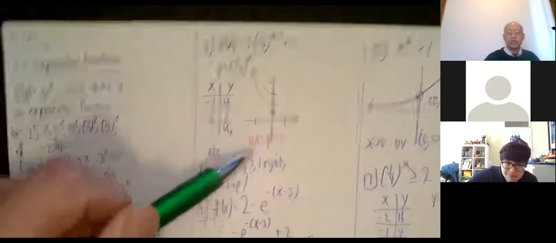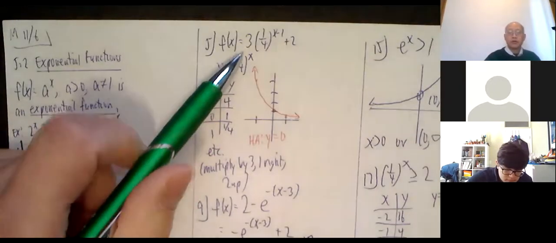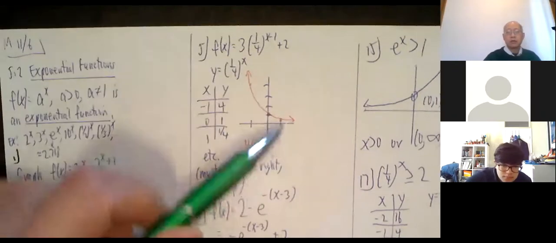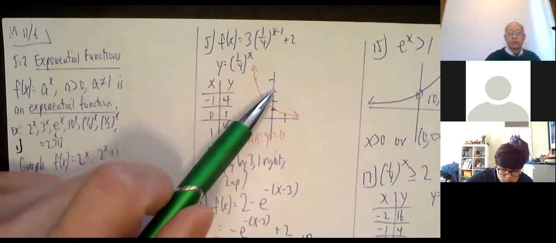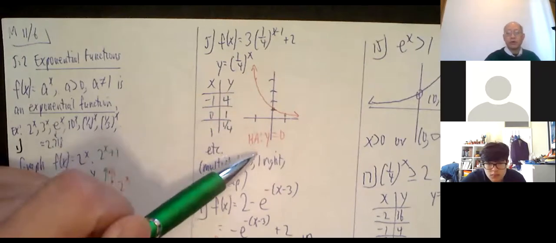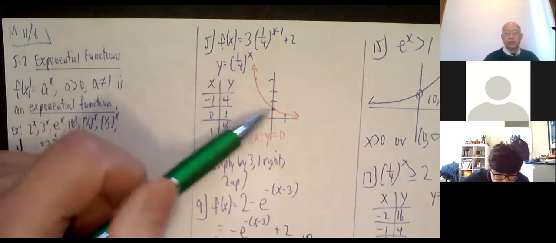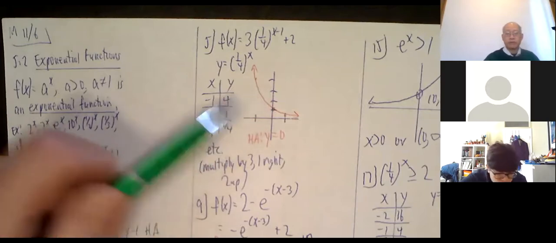For this one, I just gave you hints here at what happens. The 3 means you multiply by 3. So can you guess, instead of 0, 1, it would be 0, 3. And then shove over 1 to the right and 2 up. I'll let you work on that progression. So 0, 1 becomes 0, 3.